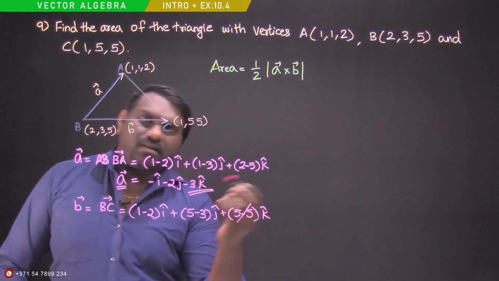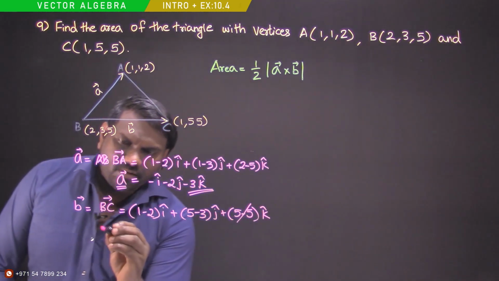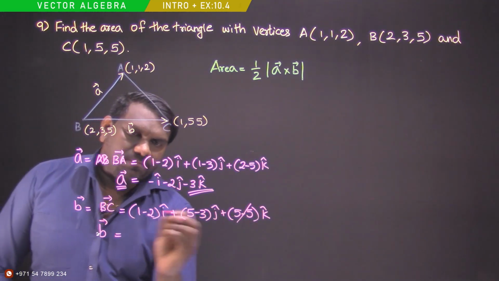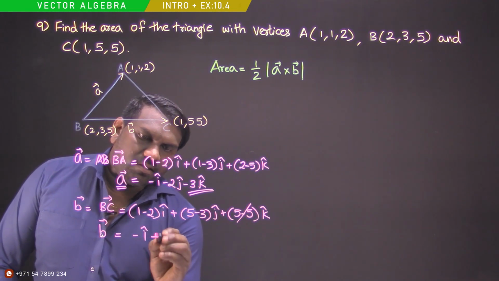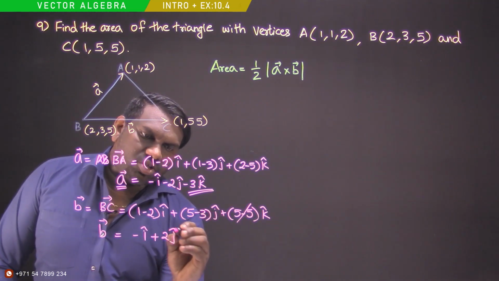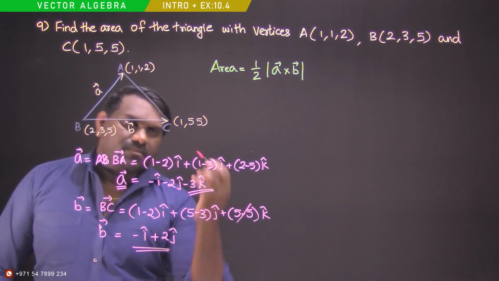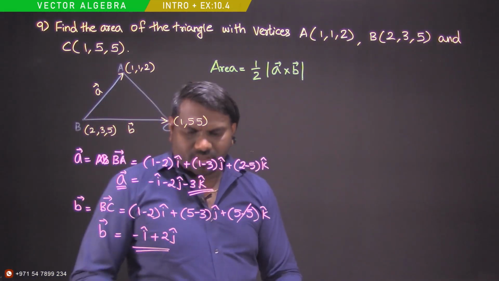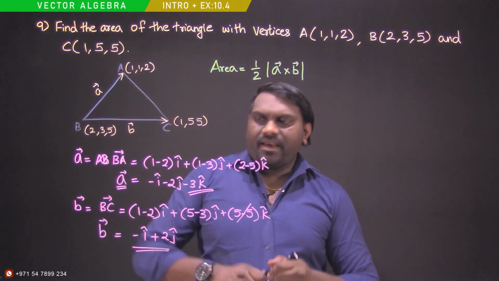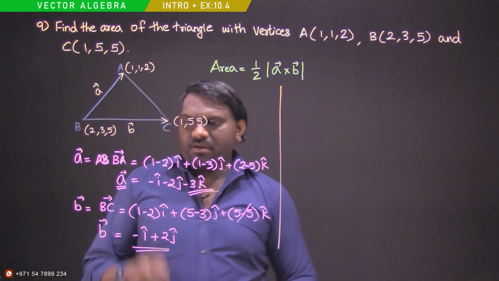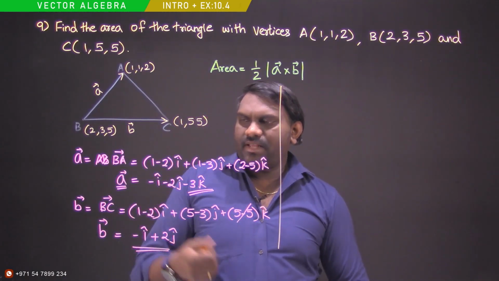So that gets 0, dear. And what you are getting here, your B vector is, this is going to be minus I, this is 2J, dear, and that one is 0. So, okay, we got two vectors, dear, which is this one as well as this.